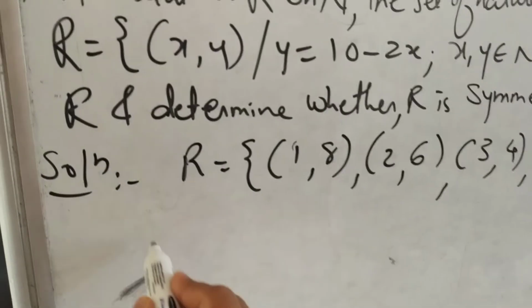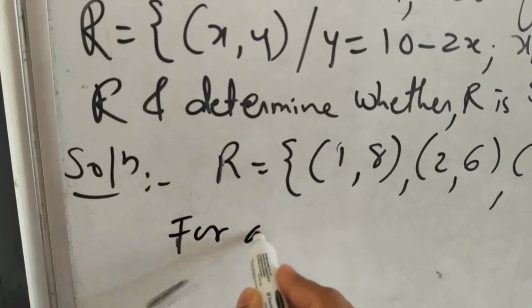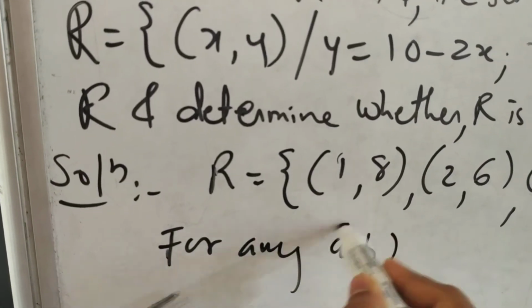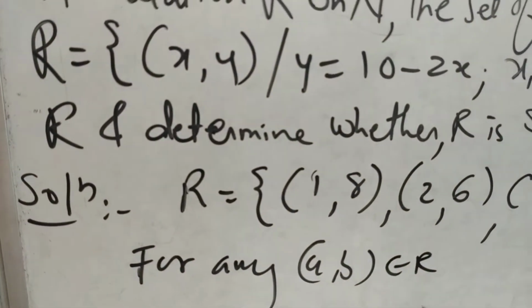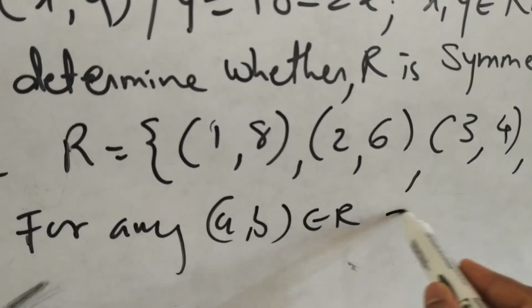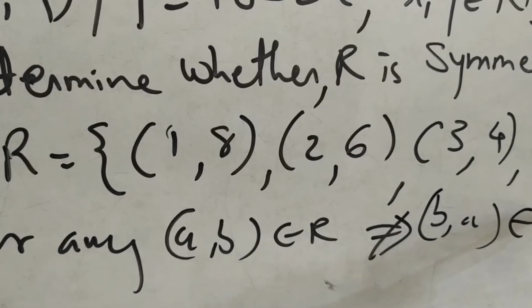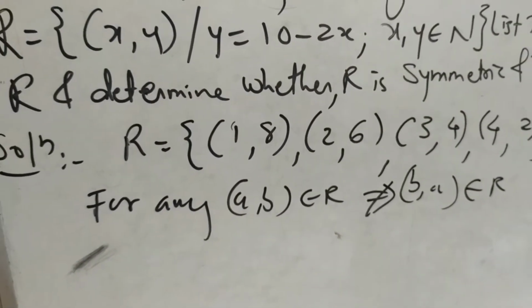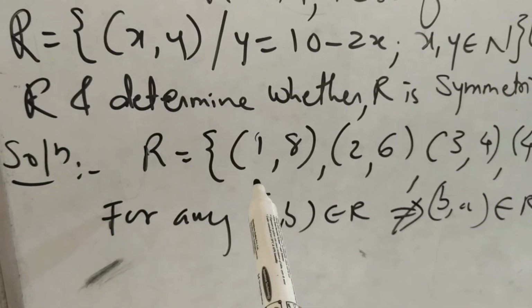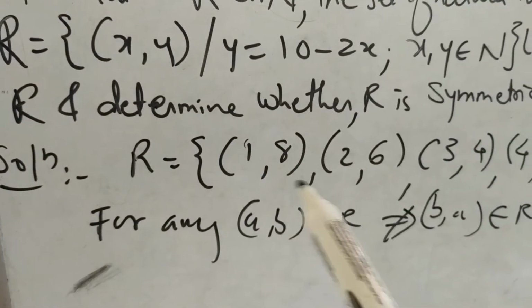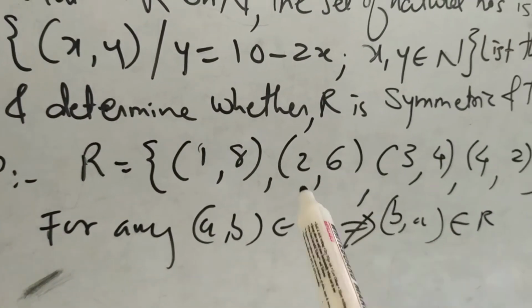Now for any (a, b) belongs to R, it does not imply (b, a) belongs to R. Why? Because if I say (1, 8) belongs to R, then (8, 1) should be present in the set.